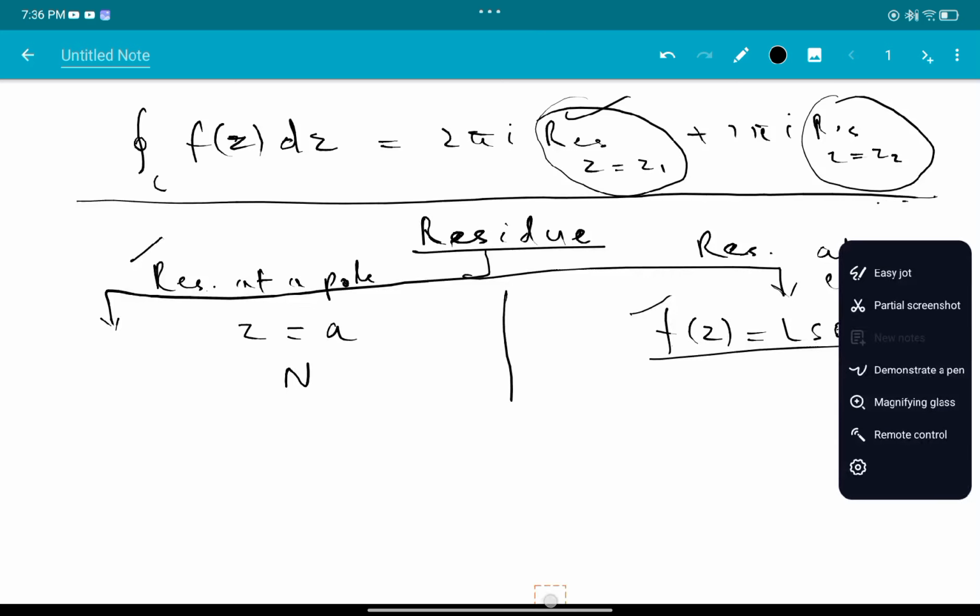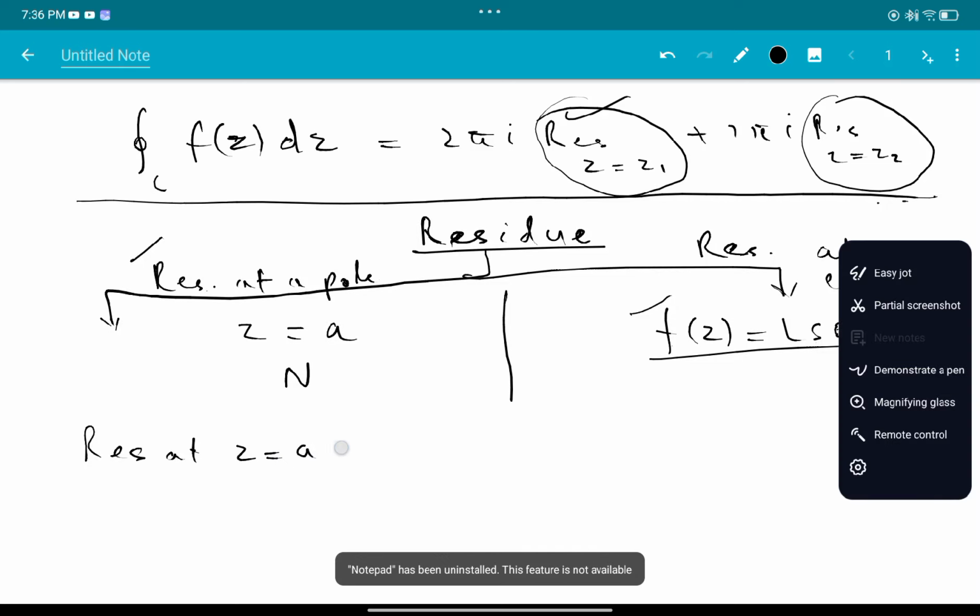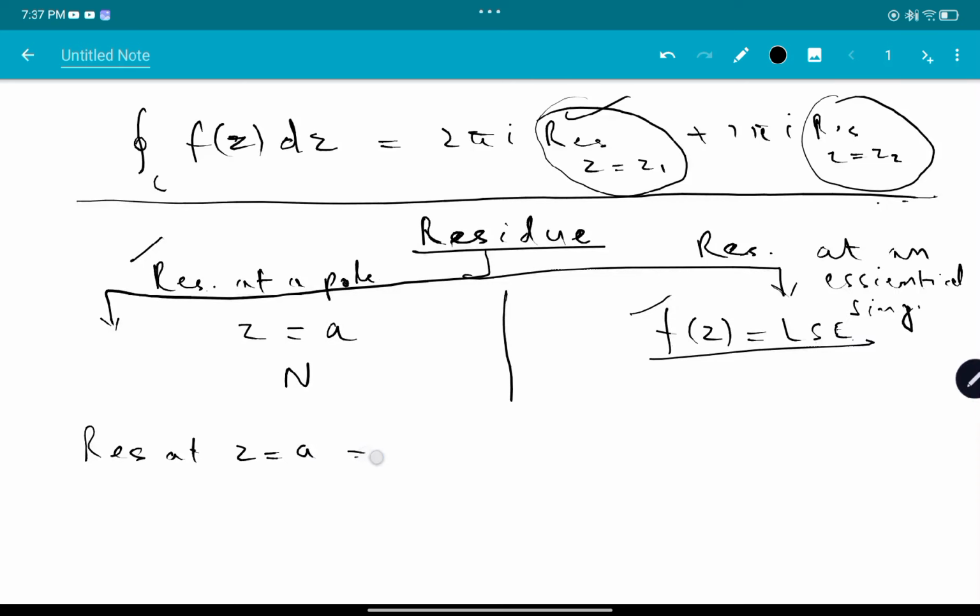Then we have seen in the last lecture that the residue in this case, the residue at z equal to a, is equal to 1 by (n minus 1) factorial.